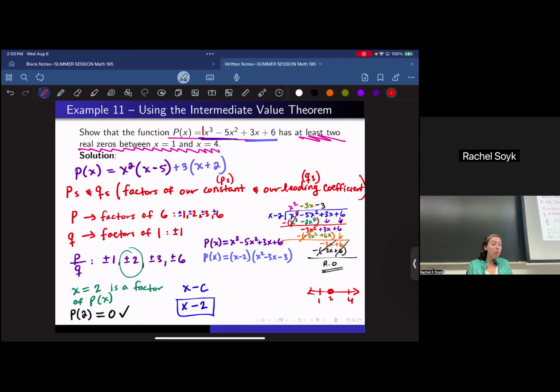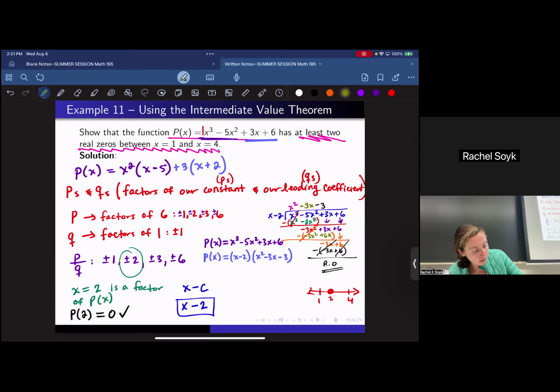But now we want to figure out, okay, is there another real zero between this? And because we already know that we have that one between really 1 and 2, let's hone in on, okay, is there any between 2 and 4? Specifically, any number greater than 2 and less than 4.